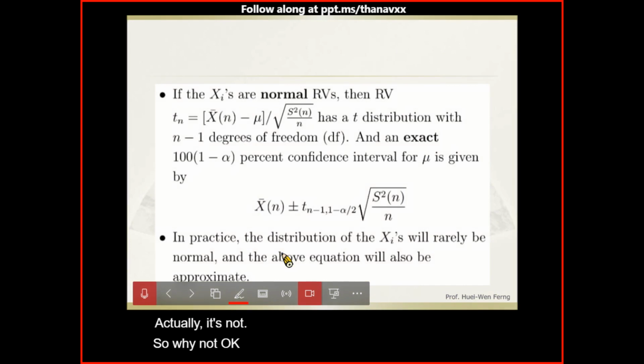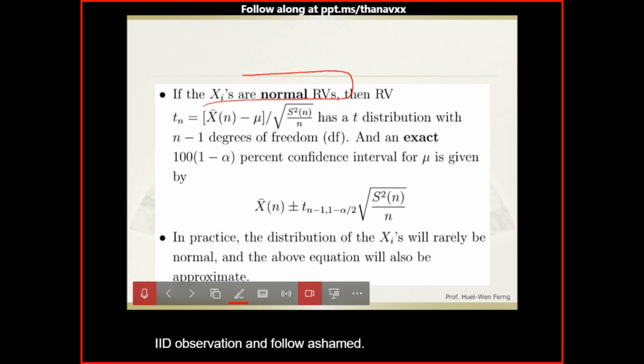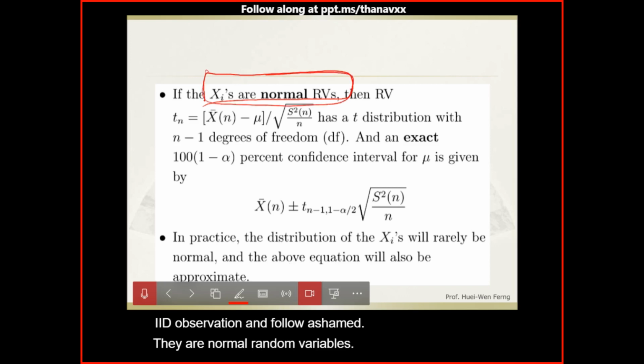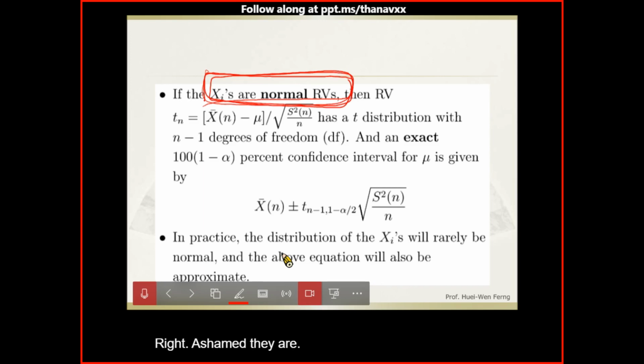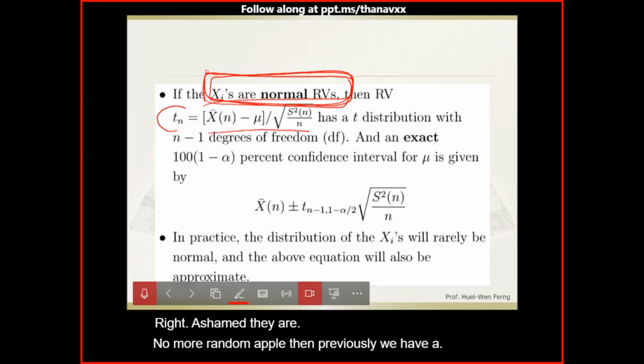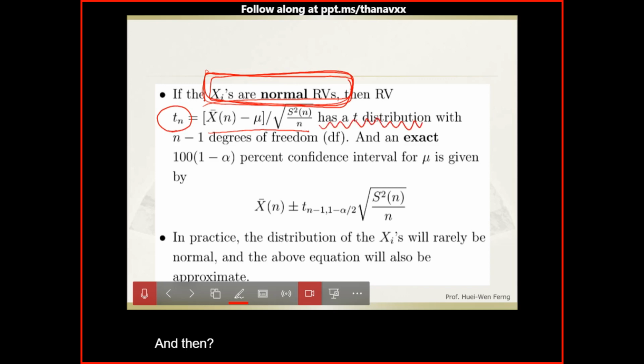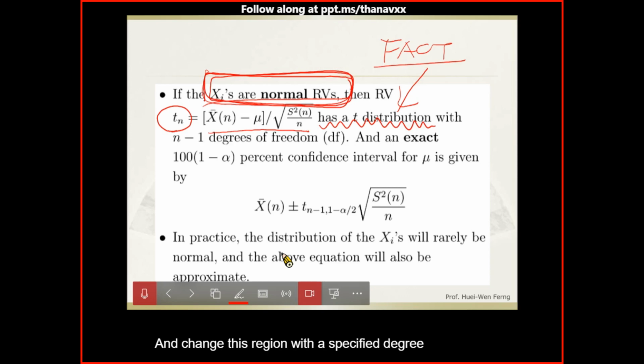If we have IID observations and furthermore assume they are normal random variables, then previously we had this one, and this time we have the new notation T. And then we have the fact that it follows a T distribution, with the specified degrees of freedom, which is n minus 1.